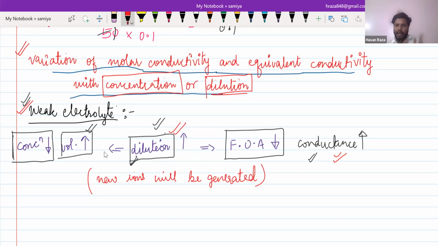So 5% more ions will be introduced, and because of those new ions, conductance will be very high. That means variation will be very high. Initially, if the conductance is low, then after dilution, the conductance will be very high. The variation will be very high. Is that clear, both of you? Yes. Now see, for a strong electrolyte, Madiha, is there any doubt?